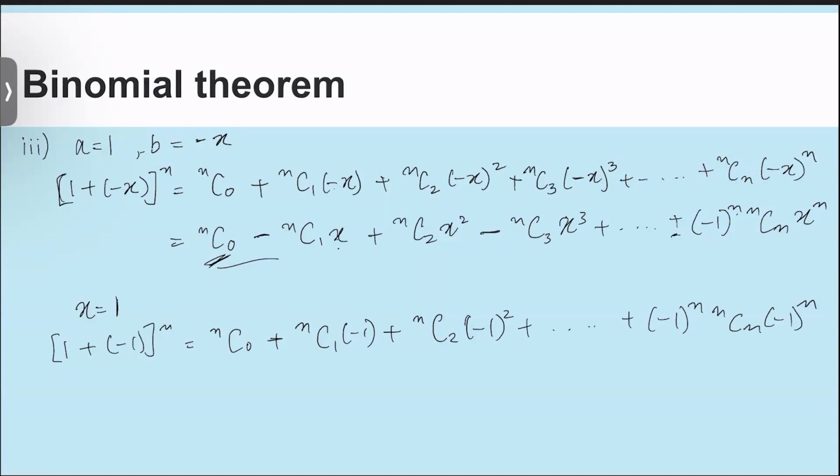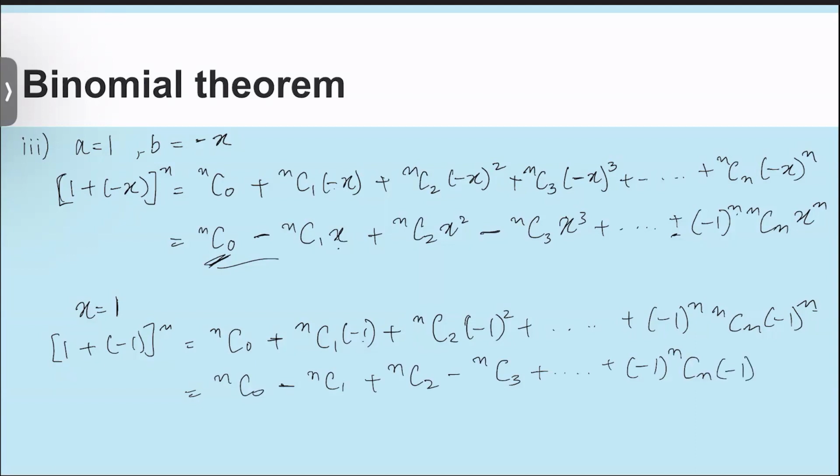Okay, so this is what we get, and similarly what you are left with is nC0 minus nC1, and then plus nC2, then the next one will be minus nC3, plus all the way up to the last term. This will keep the same sign because we don't know what your n is, whether you'll have a negative sign or what.